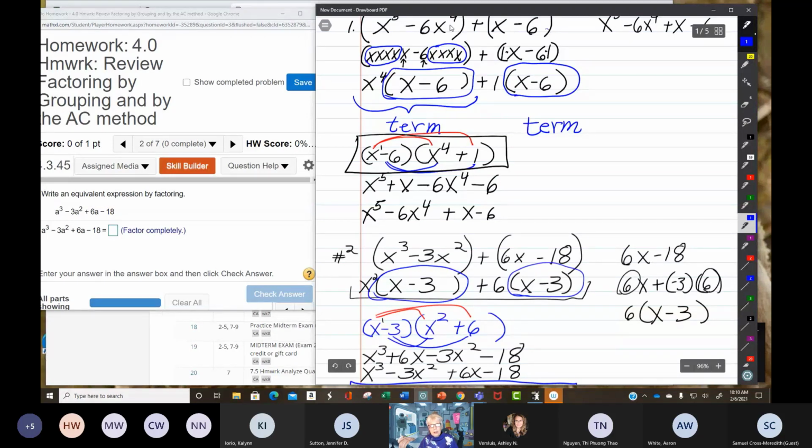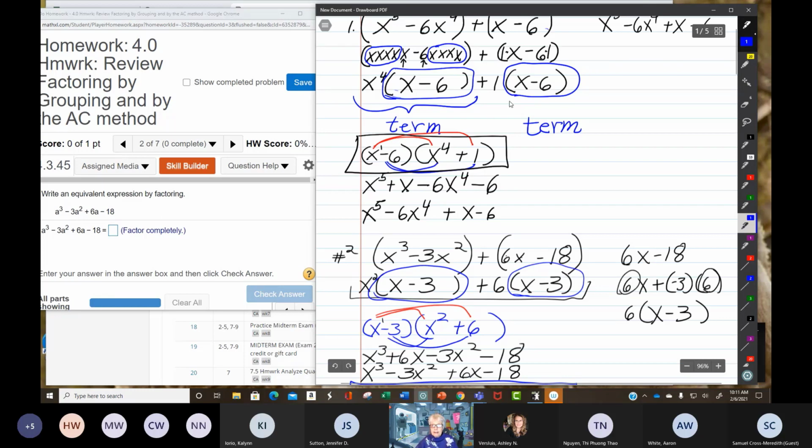Once you have that, you factor the first 2 terms, the first set of parentheses, by GCF, and the second set of parentheses by GCF. If your polynomial is factorable, then you've got matching factors on each side of your plus sign.